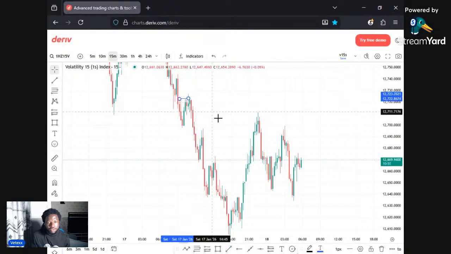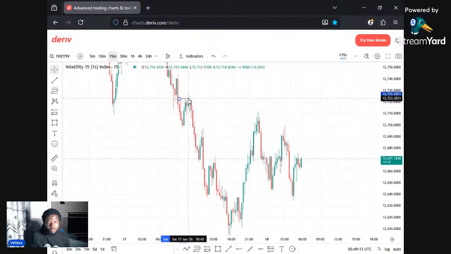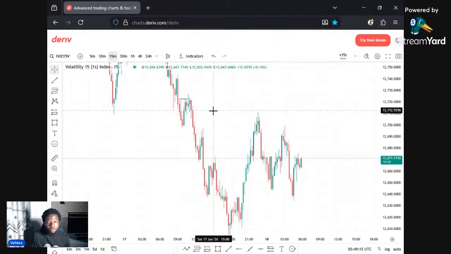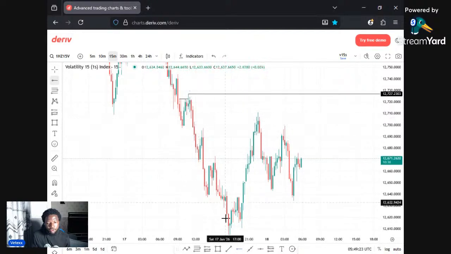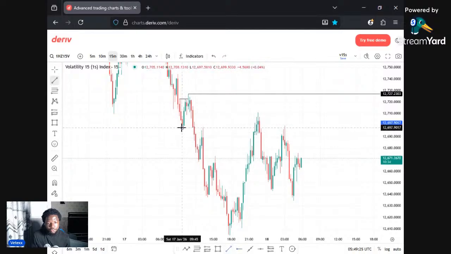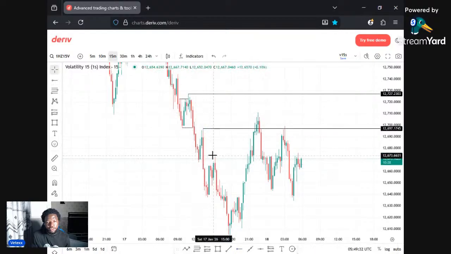We have this sweep of liquidity. We have our protected high right here. We have our first break of structure, which is this. Then we have our structural liquidity, which price retraces 50% to give us.